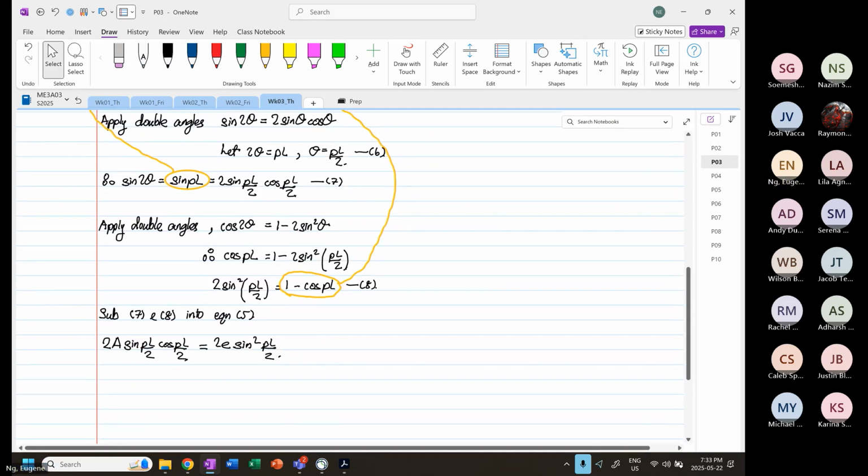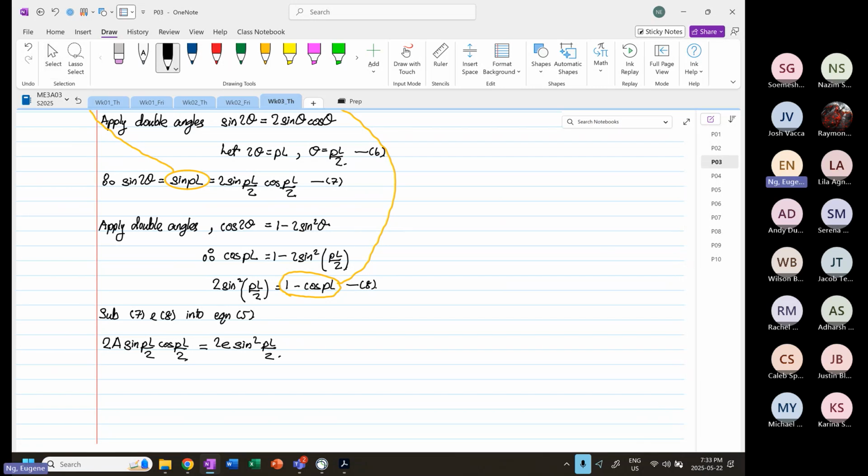So we can get rid of our sine pL over 2, we can get rid of the squared, and likewise, we can get rid of the 2's. So therefore, we have a cos pL over 2, and this will in turn be equal to e sine pL over 2.